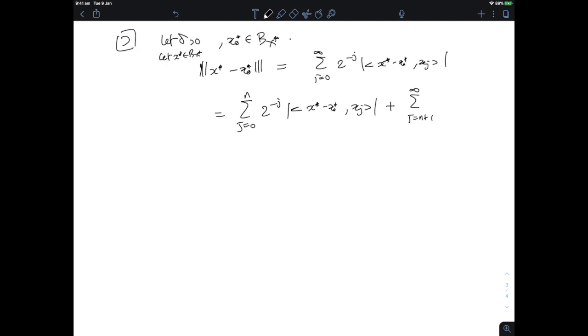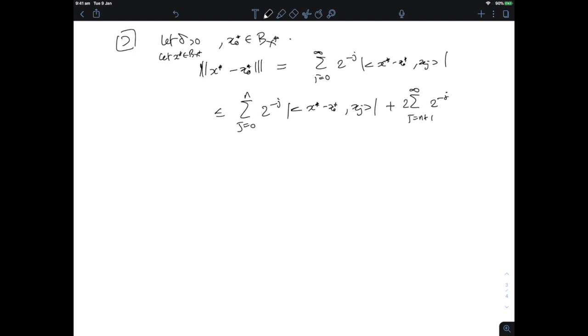So for this term, I could control it by the sum of the 2 to the minus j times the norm of x star minus x naught star, which is at most 2.